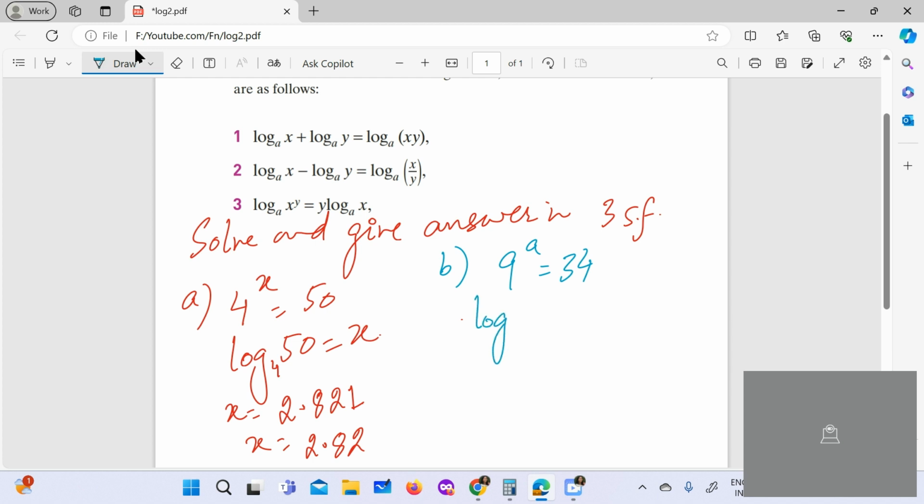So log base 9, the number is 34, and you have to find the value of a. Now tell me using your calculator. 1.60. Very good. This is already written in three significant figures. So we don't have to bother about this one. Okay, so we will do a few more questions based on this.